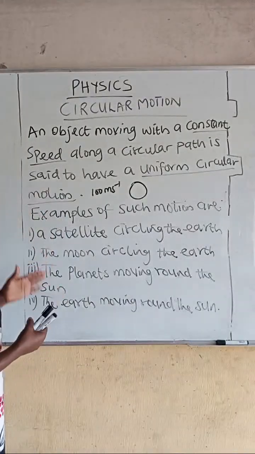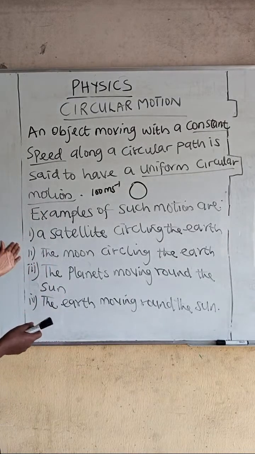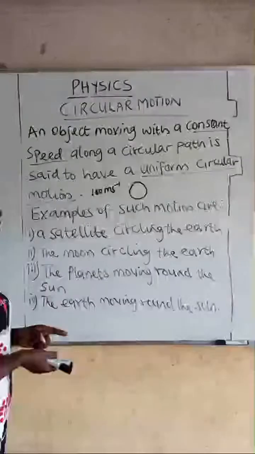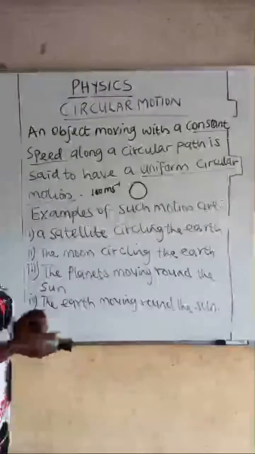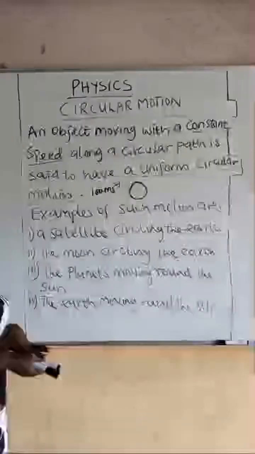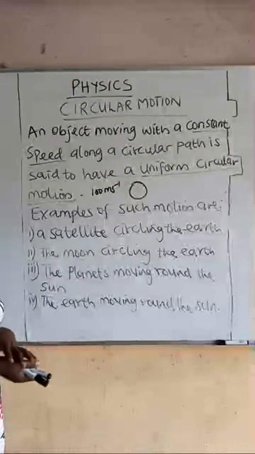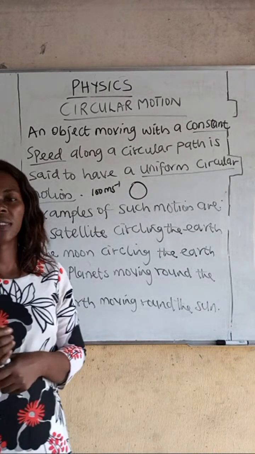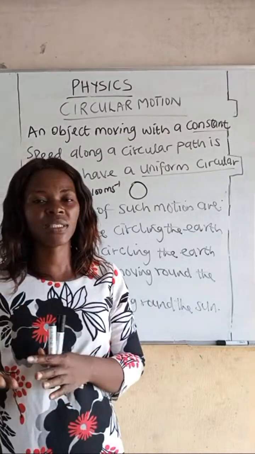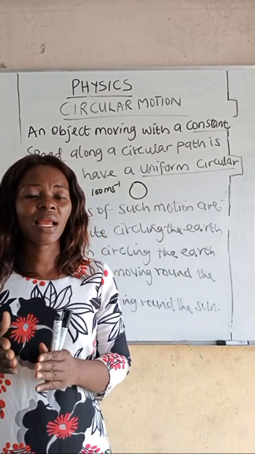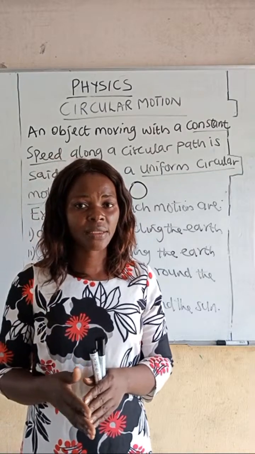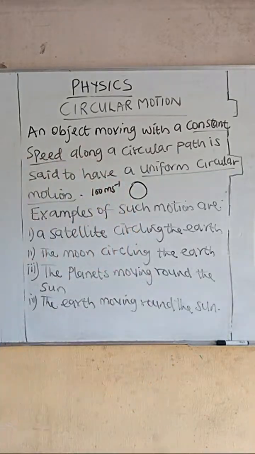Okay. So I have the moon, the earth, the planet moving around the sun, and the earth moving around the sun. All these are constant phenomena that take place with a constant speed. So that is why they are classified under circular motion. I hope you get that. All right.